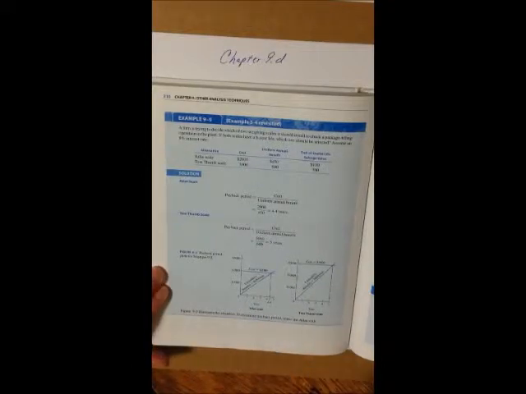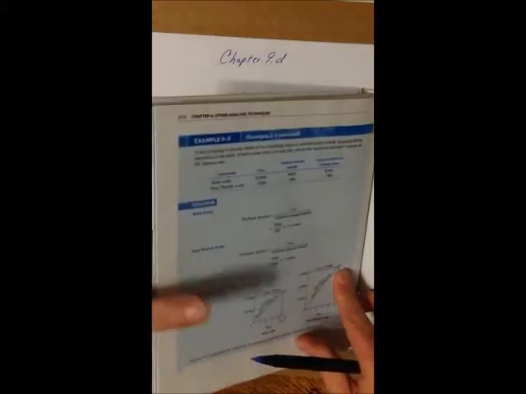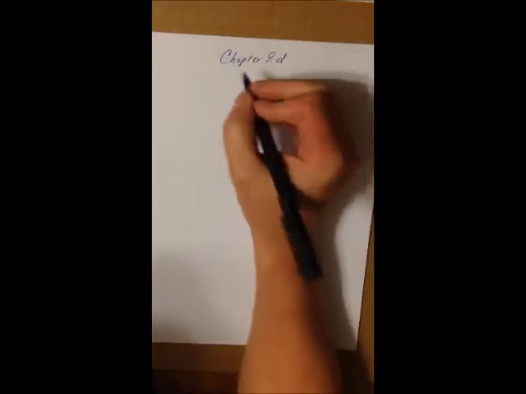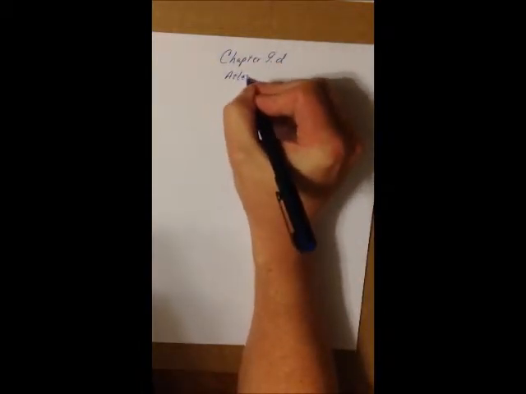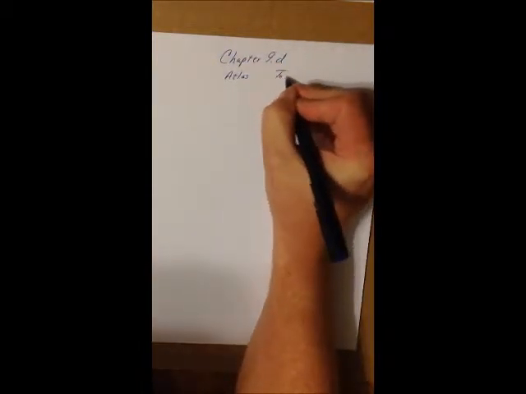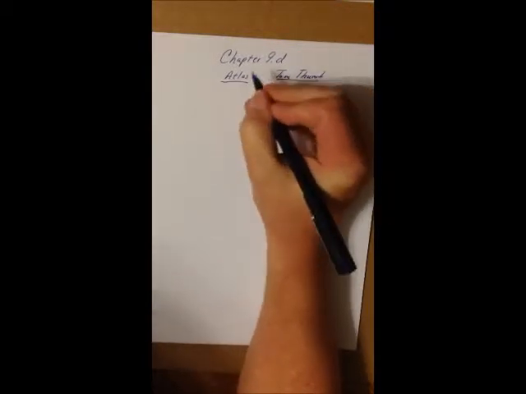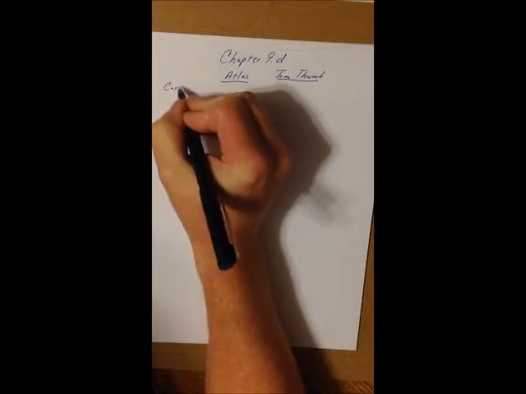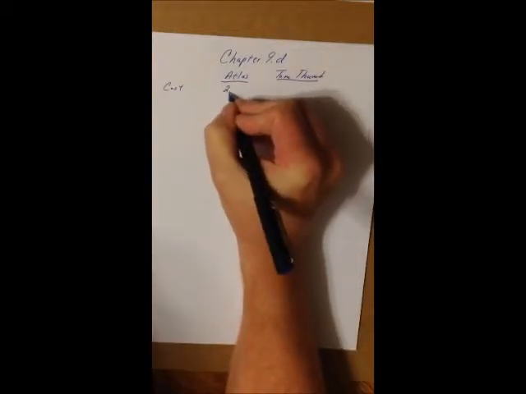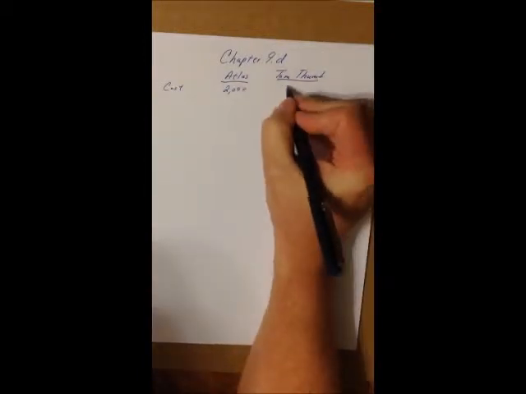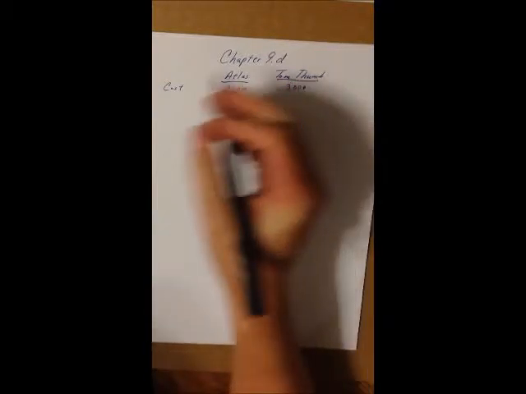So let's do this. Instead of solving it with the present worth, let's do it with the benefit cost ratio and see if it comes up with the same answer as our present worth calculations. So we have Atlas and Tom Thumb, and we have the initial cost, which is $2,000 for the Atlas and $3,000 for the Tom Thumb.